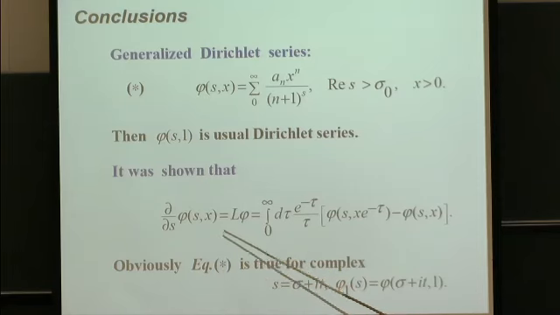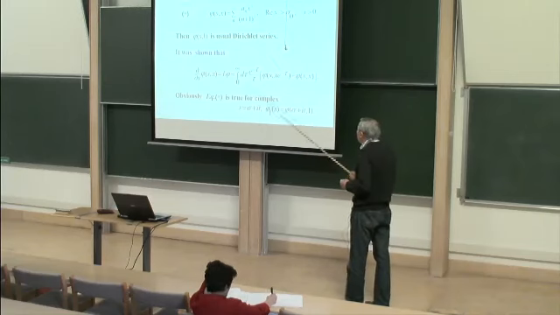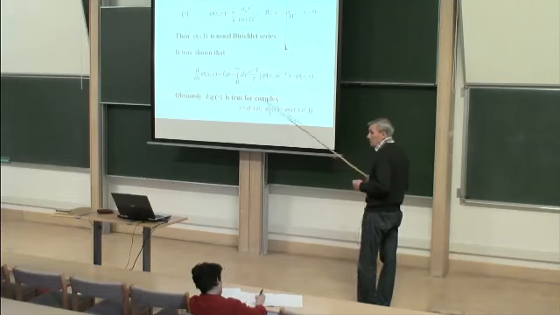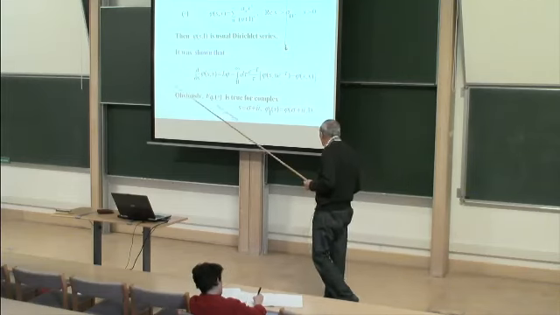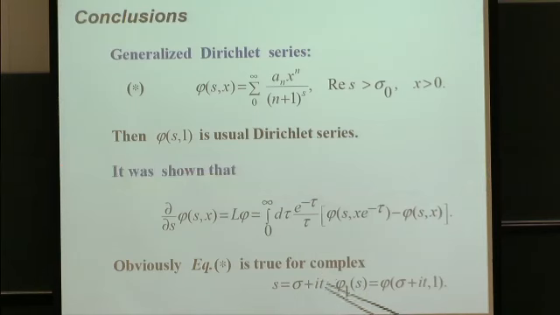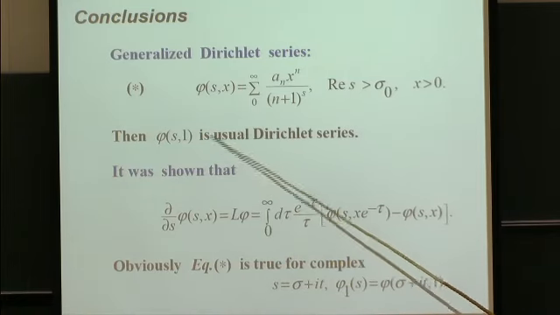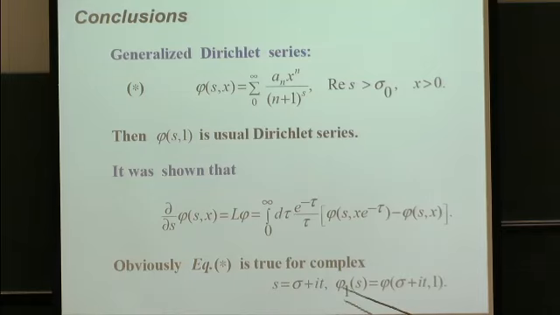So let us take a complex s, traditionally denoted s equals sigma plus it for Dirichlet series. Then phi 1 of s is a usual Dirichlet series, just this function at the point when you take x equals 1.